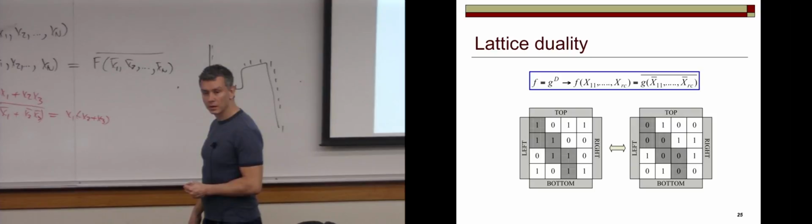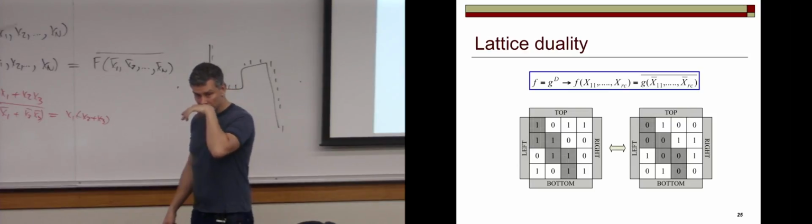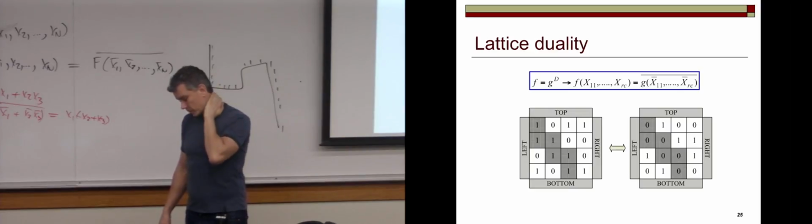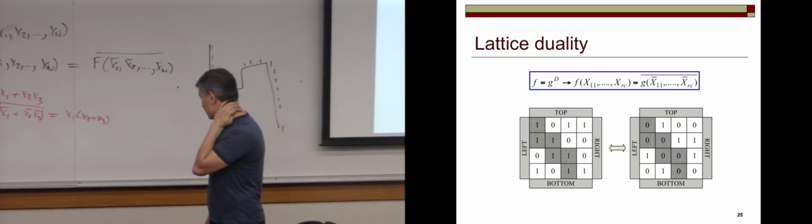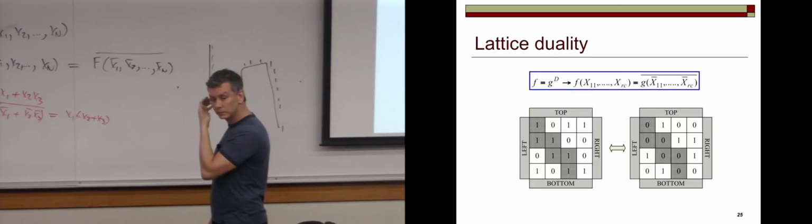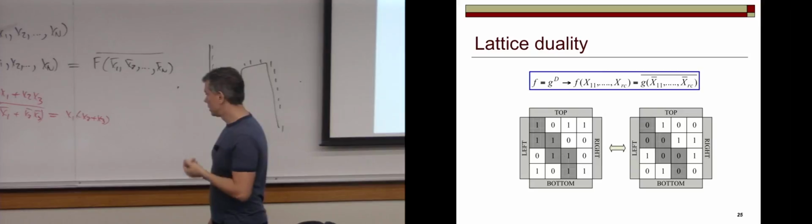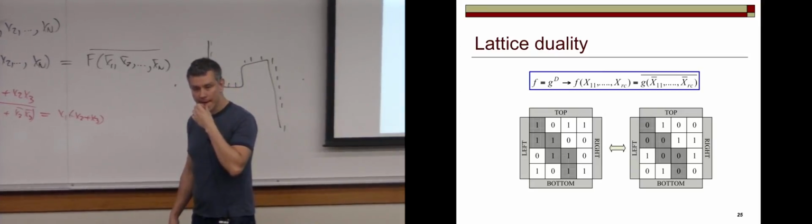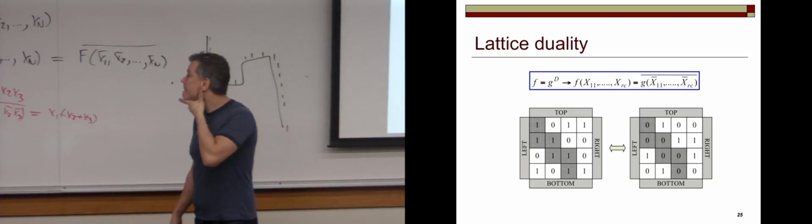But if you were to start with G and go to f, then there is a situation where G is false and f is true, because the dual should be reversible, right? If x1 was 0, x2 was 1, and x3 was 1, then G would be false and f would be true. So in that case, you'd have a path going across, but not up and down. Yeah, but I'm still confused. Okay, I think I see it.